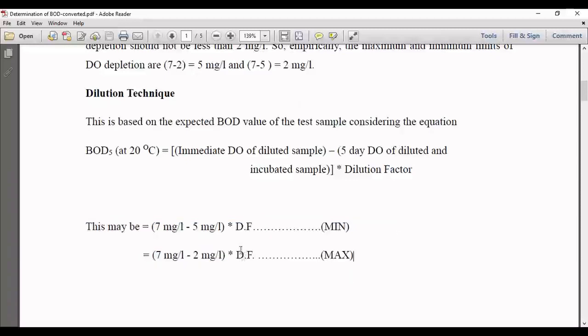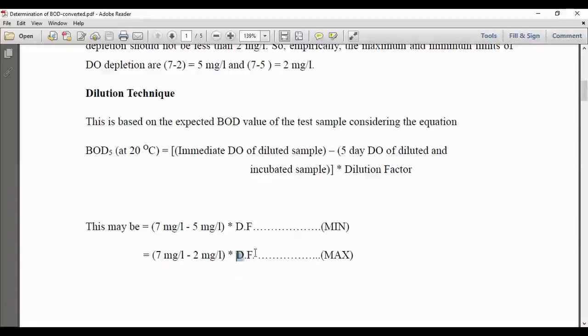Now let's say I've taken the dilution factor as 5, right? I'll be making you understand what this dilution factor 5 depicts. But as of now, just consider I've taken this dilution factor as 5. Putting the value of 5 instead of DF, what you will get: 7 minus 5 is 2, so 2 into 5 is equal to 10 mg per liter, right?